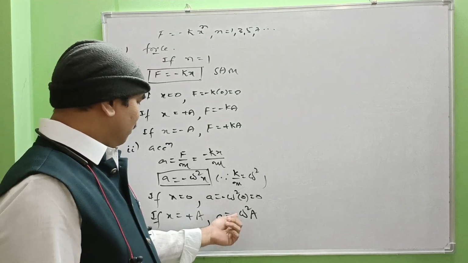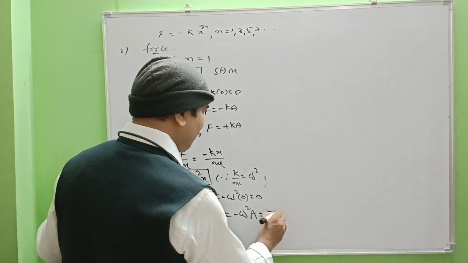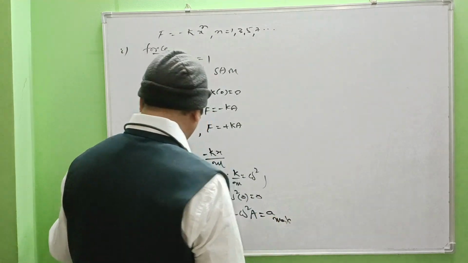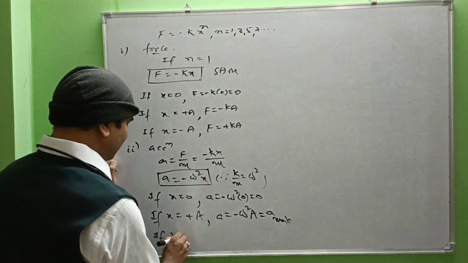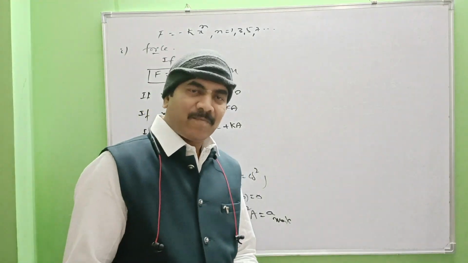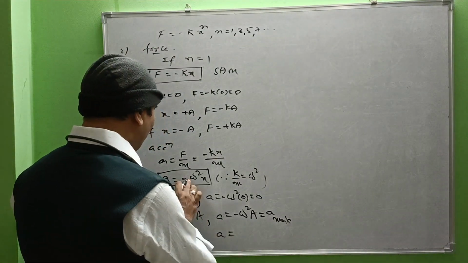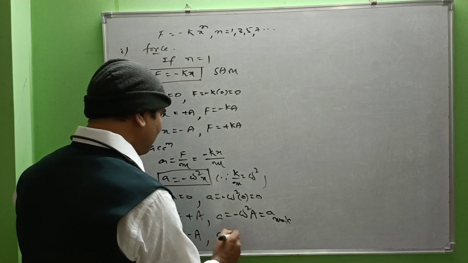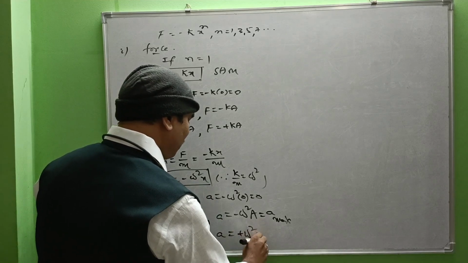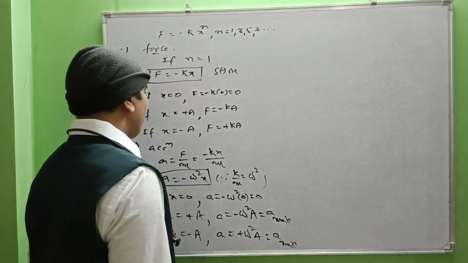So minus omega square into a is nothing but a max. Similarly, if x equal to minus a, when the particle lies at its negative extreme position, acceleration becomes a equal to minus omega square into minus a, that is plus omega square into a. This one is also maximum, a max.